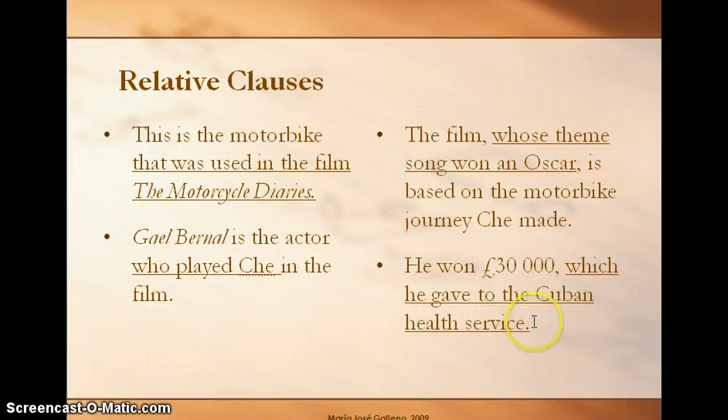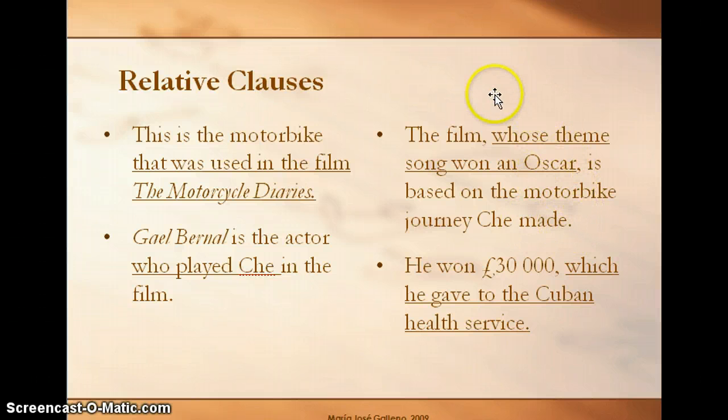So if we look at the first examples, here we've got this is the motorbike. Which motorbike are we talking about? The one that was used in the film The Motorcycle Diaries. So this is important information. Without this information, we wouldn't know what we're talking about. Whereas the film whose theme song won an Oscar is based on the motorbike journey Che made.